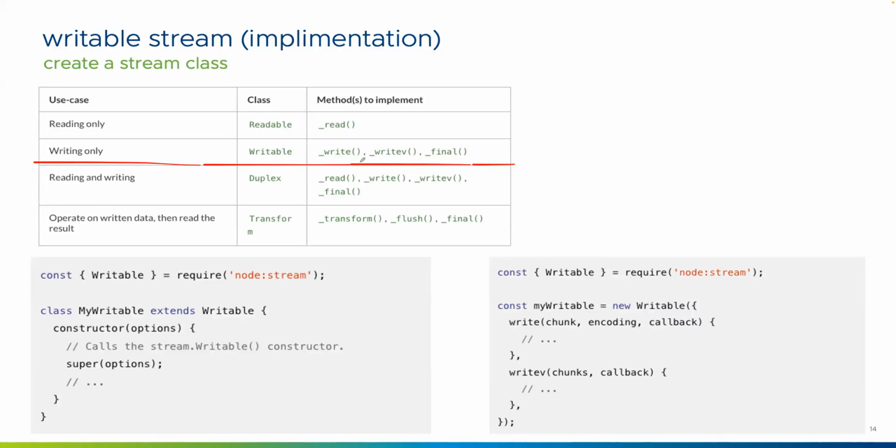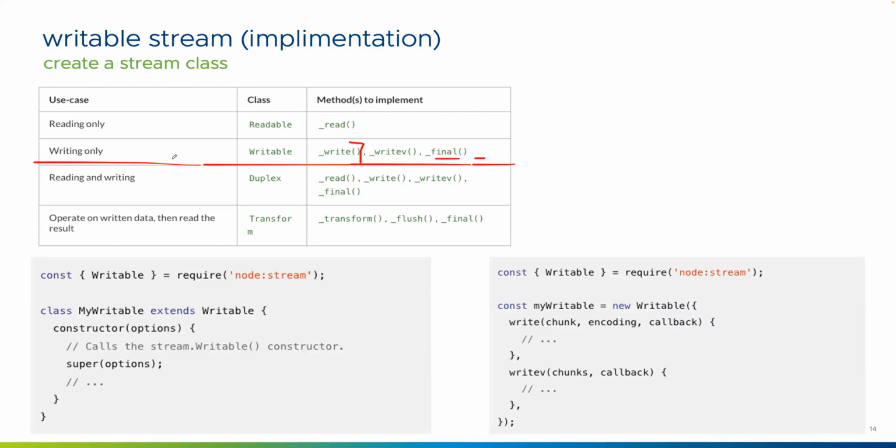So you have to give an implementation of the underscore write or underscore writev method, and also the underscore final or underscore construct. Those internal implementations, you have to give the method definition for.